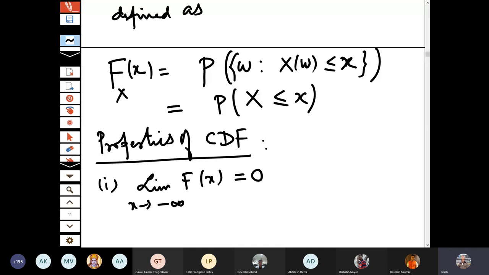So this function goes to 0 as x tends to minus infinity. The proof is not difficult to anticipate here. As x tends to minus infinity, the region where you are calculating the probability shrinks and ultimately becomes an empty set. Since the random variable is an assignment of real values, if you say x tending to minus infinity, then there are no points in the sample space left out. So it will become 0.